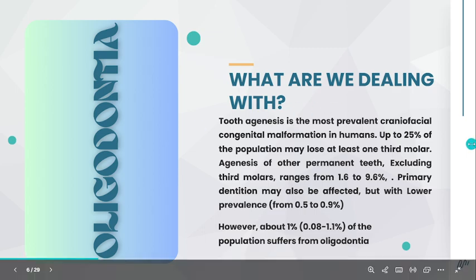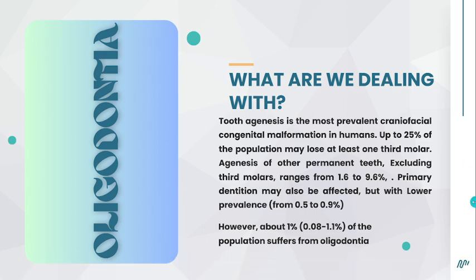Oligodontia, what are we dealing with? Tooth agenesis is the most prevalent craniofacial congenital malformation in humans. Up to 25% of the population may lose at least one third molar.